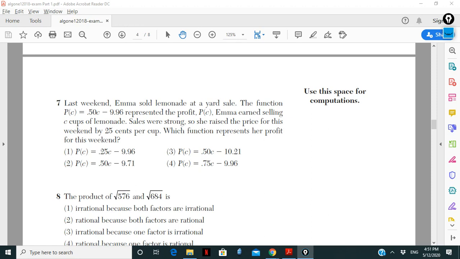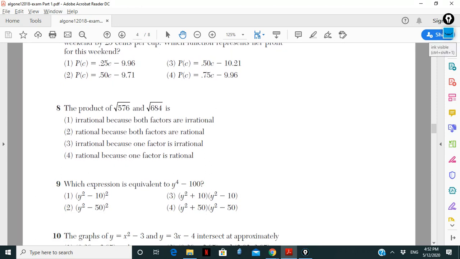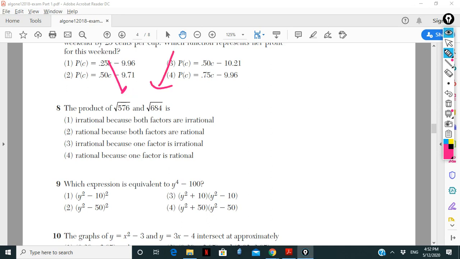Question number 8. The product of square root of 576 times square root of 684 is... So first I have to be sure about the values of the square roots. So I'm using the calculator.